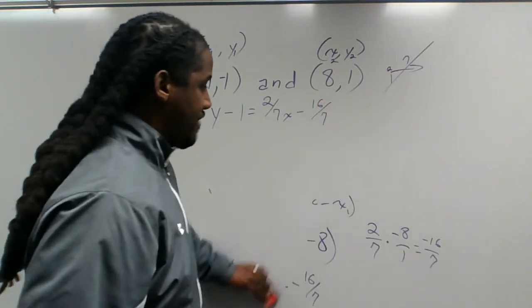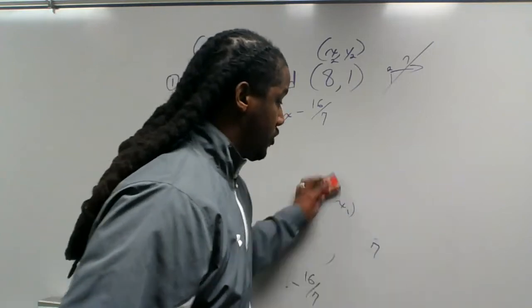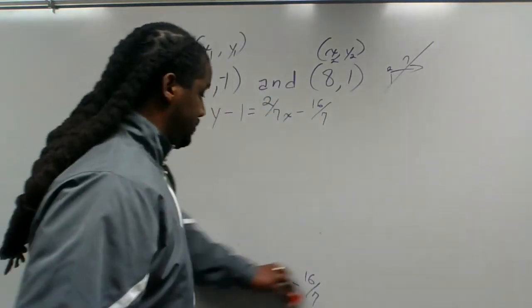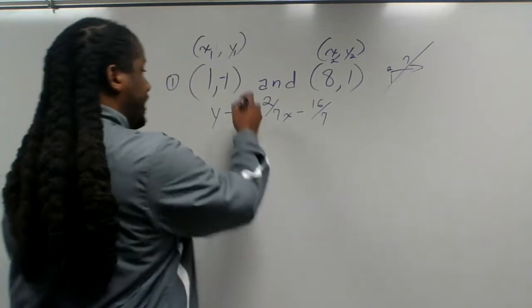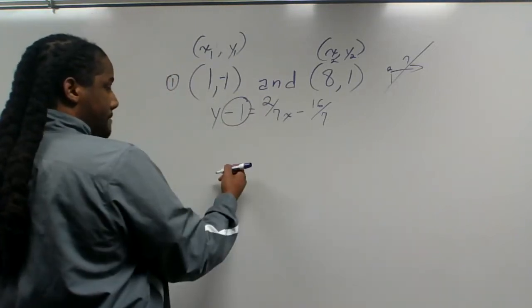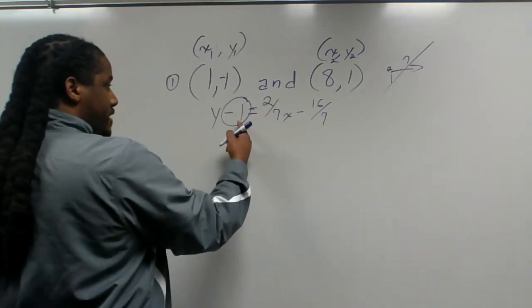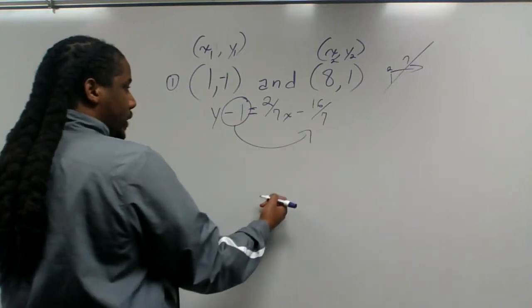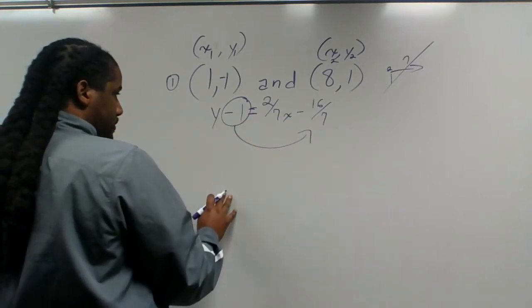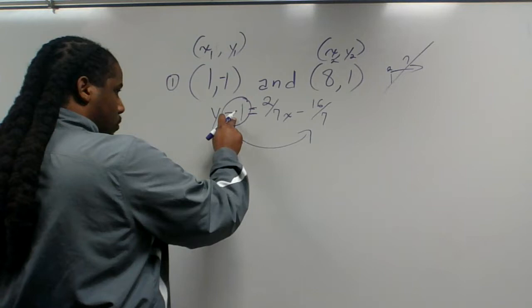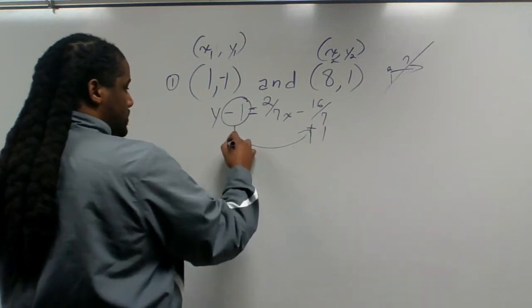In order to have our equation where we're able to graph it, we need to get y by itself. So we need to get rid of this -1. Because this is an equation, whenever we move it to the other side, we change its sign. So to get rid of a -1, we add 1 to both sides.